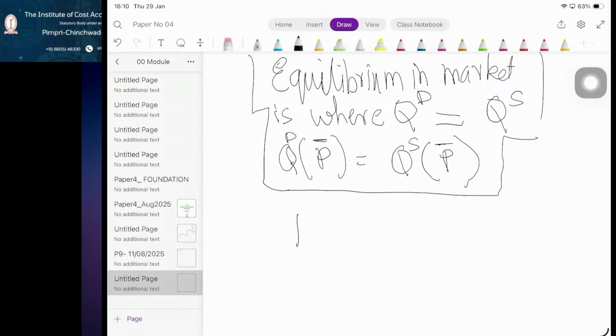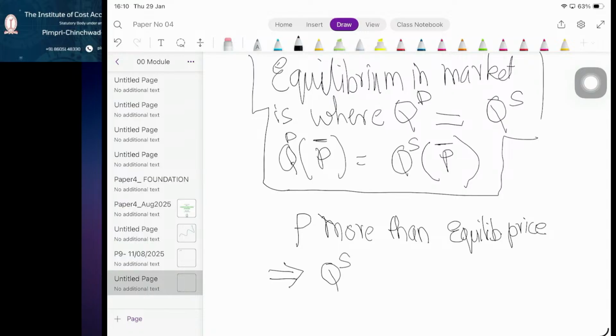If price is more than equilibrium price, then quantity supplied is more than quantity demanded, and therefore there is a pressure on price to fall.